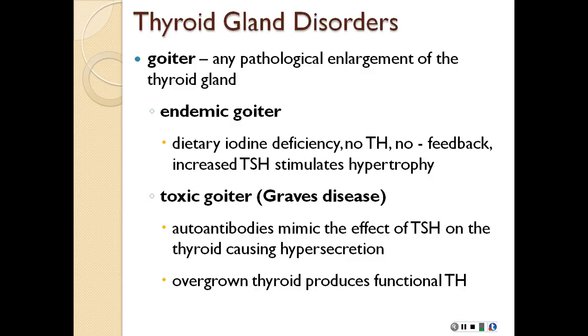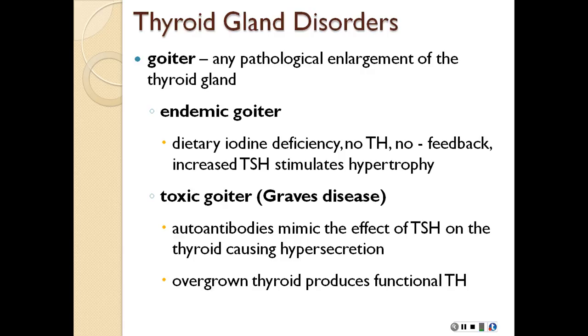With endemic goiter, there's a dietary iodine deficiency, so there's no thyroid hormone. So in order to make thyroid hormone, the thyroid gland needs iodine. So if there's no iodine, there's no thyroid hormone. So now what? What do you think the hypothalamus is doing?